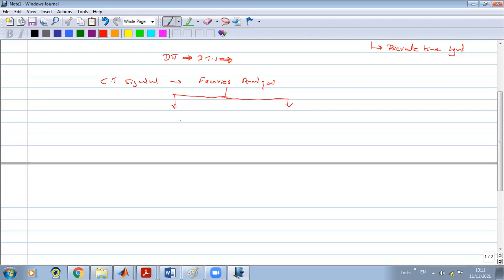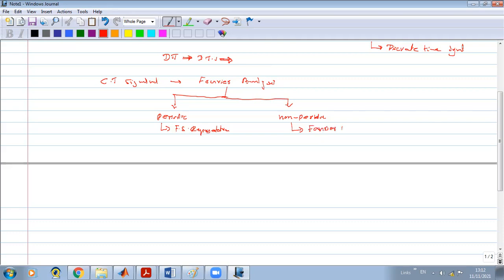Basically, you have learned to analyze periodic signals and also non-periodic signals. In the periodic case, we called it Fourier series representation. And in the non-periodic case, what is the term we used? Fourier transform, no?